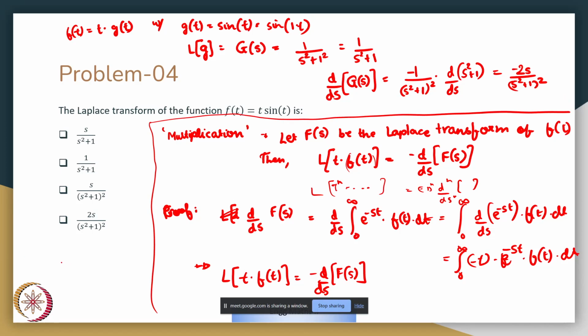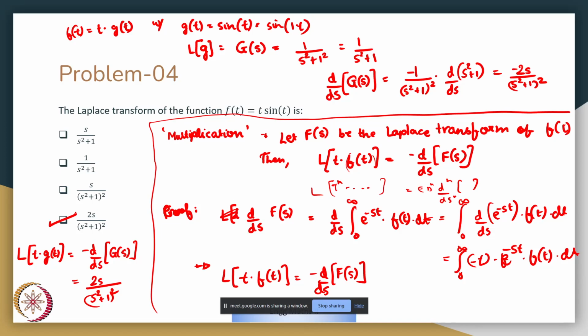Okay, so by this multiplication property, my Laplace transform of t times g of t is nothing but minus d by ds of G of s, which is 2s upon s square plus 1 whole square. So where do we have this? We have this as our option D.